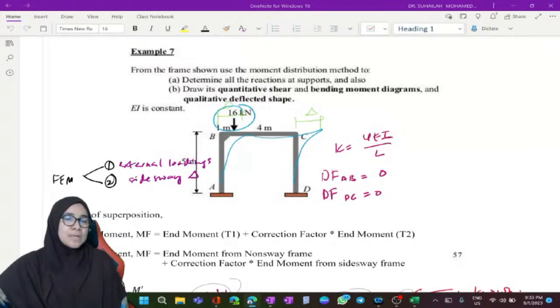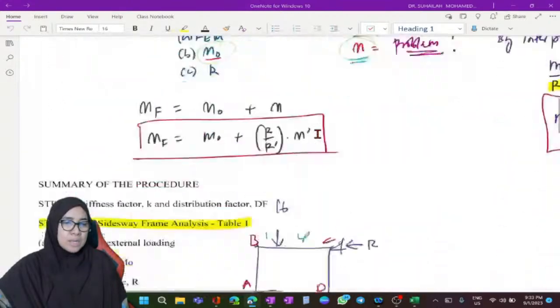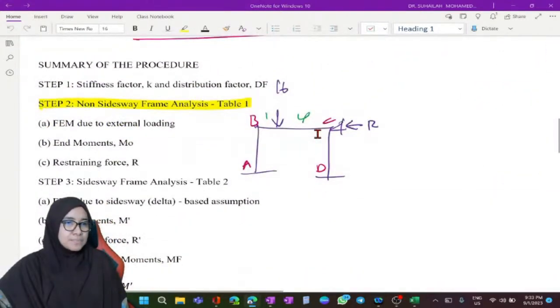In table 1, we actually analyze the frame due to external loading only. For doing this, we have to change the original frame from unrestrained condition to fully restrained, so that in the fully restrained frame there is only FEM due to external loading.